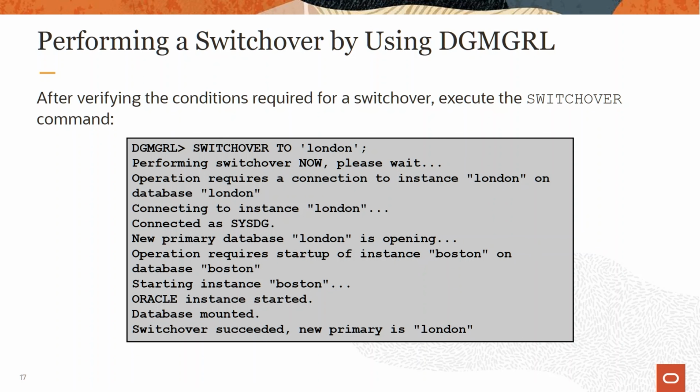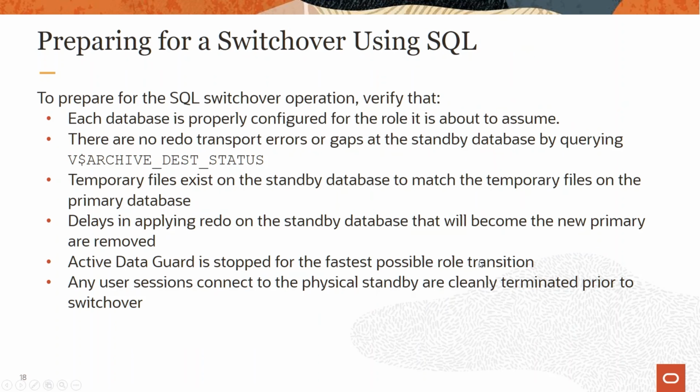more operations. For example, as a part of the preparation, you will have to check the database role, and then you will have to check V$ARCHIVE_DEST_STATUS to make sure there is no log archive destination related issue.